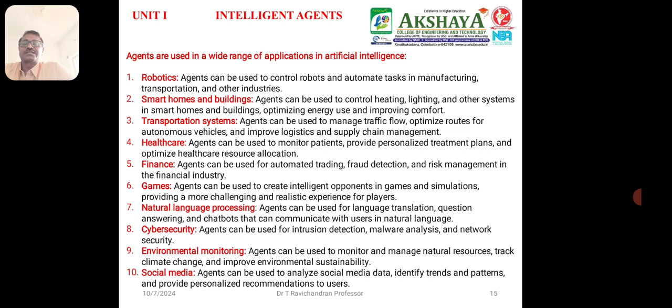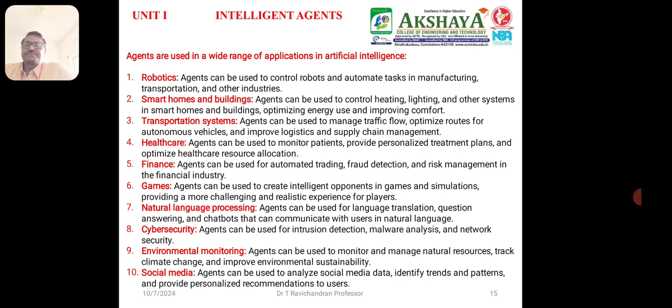Natural language processing. The agent can be used for language translation, question answering and chatbots that communicate with users in natural language. Nowadays many chatbots are coming. Cyber security: the agent can be used for intrusion detection, malware analysis and network security.